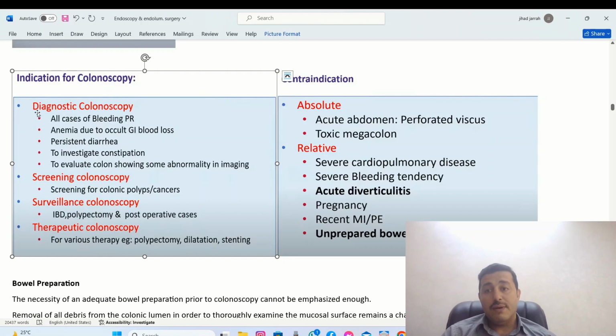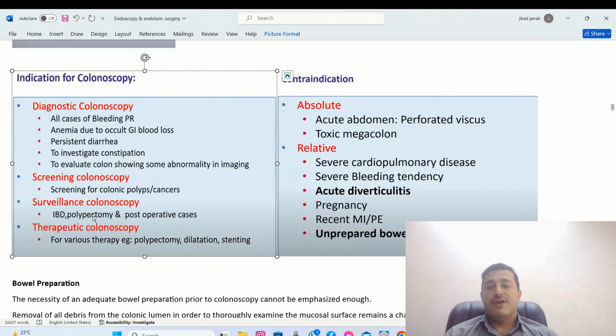This is if we are talking about diagnostic. It could be screening for polyp or cancer, or surveillance, especially after surgery, after polypectomy, if we perform polypectomy, or in patient with inflammatory bowel disease.